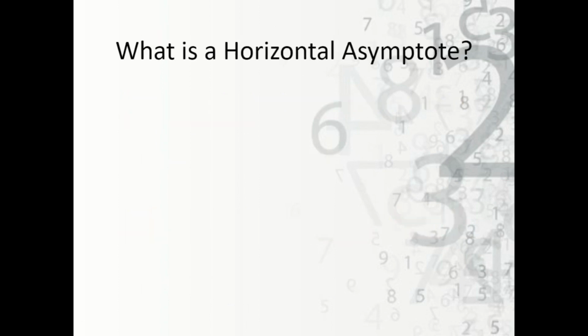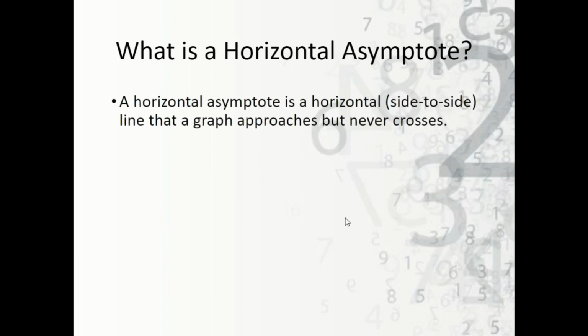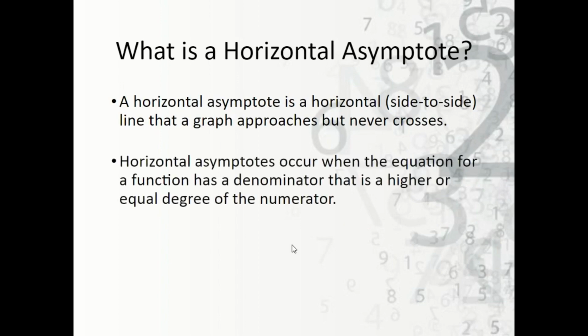Now, what is a horizontal asymptote? A horizontal asymptote is a horizontal line now, which means it goes side to side, that the graph approaches but never crosses. Horizontal asymptotes occur when the equation for a function has a denominator that is a higher or equal degree to the numerator. So for instance, 3x plus 1 over x minus 2.